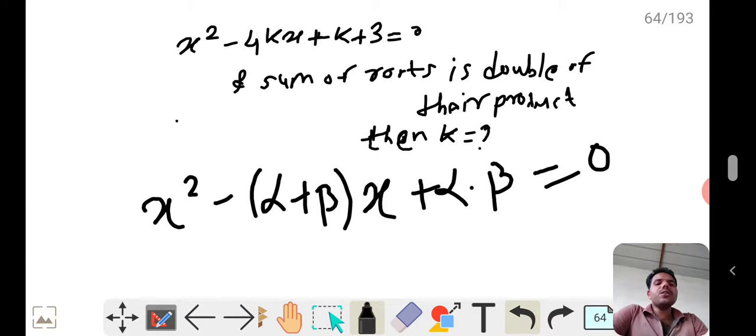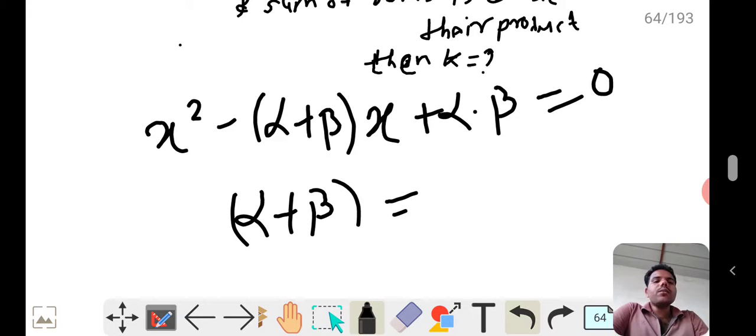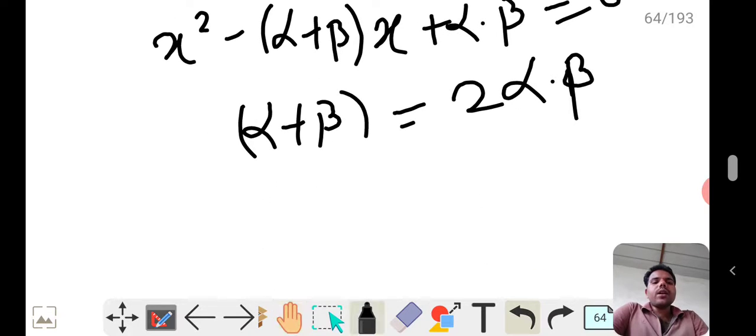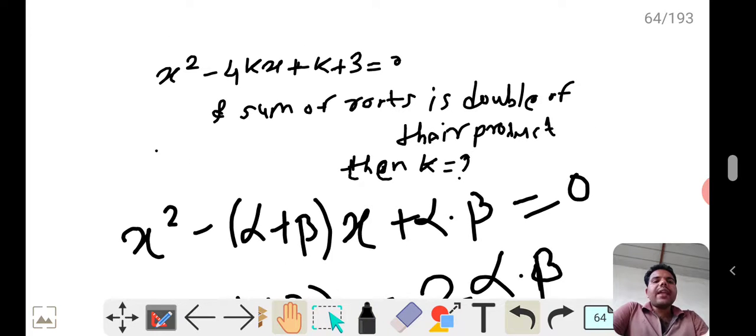From this given information we can write the sum of roots, alpha plus beta, is equal to double their product, that is 2 times alpha into beta. By comparing with our equation, we know alpha plus beta is equal to 4k. So we can write 4k is equal to 2 into alpha into beta, where our constant term is k plus 3.